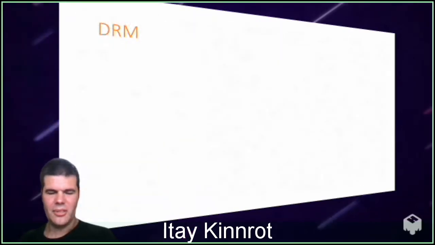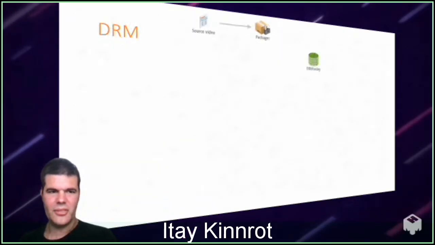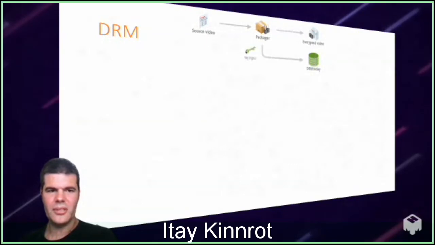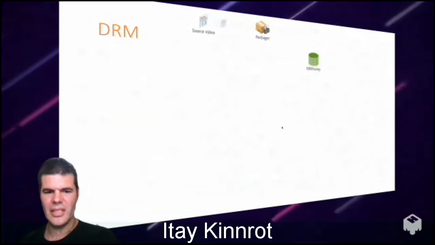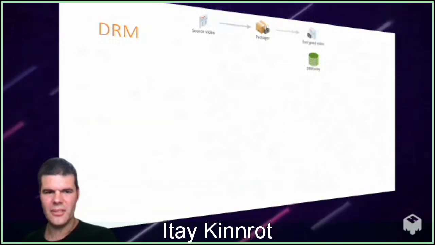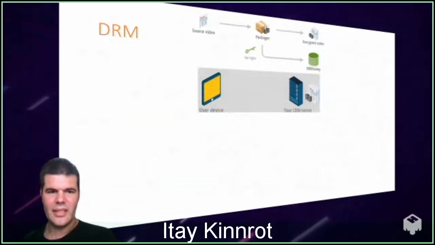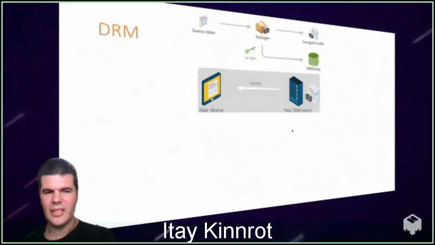How it actually works, let's see. So first phase, of course, when you have the source video, once we get to the packager, we encrypt the video using some keys that we get from the DRM server. Then when the user device wants to watch, okay, we download the content.